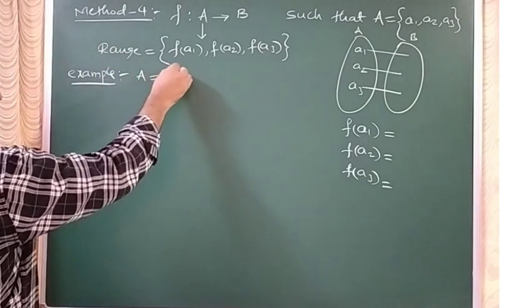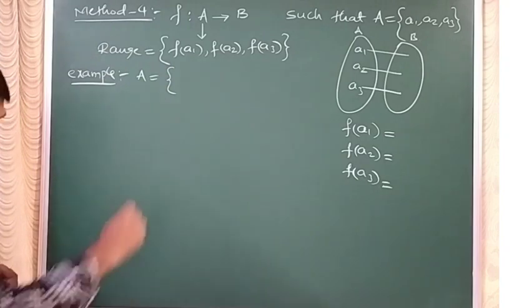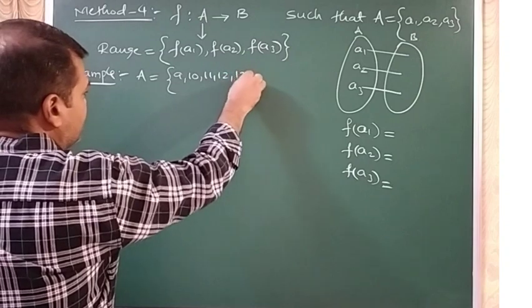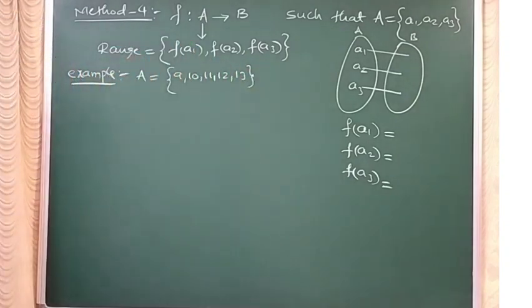Let us consider set A having elements 9, 10, 11, 12, 13. Set A has elements like this.